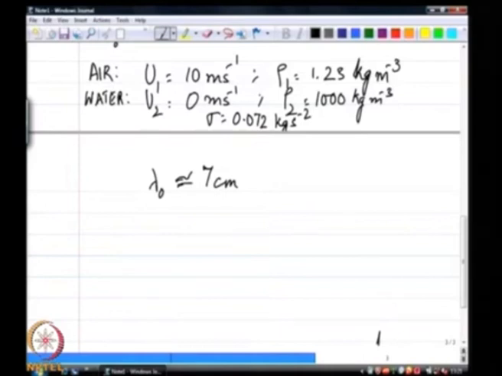Now, what we want to do is look at how this theory can be applied to sprays and atomization, which is what we are after.